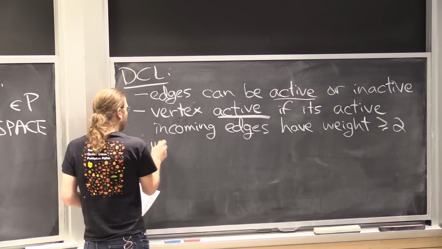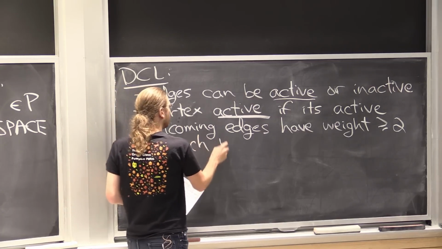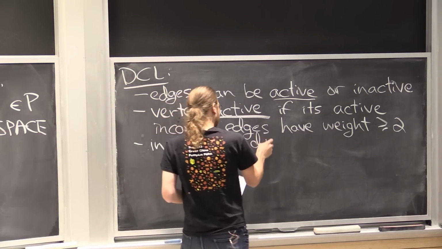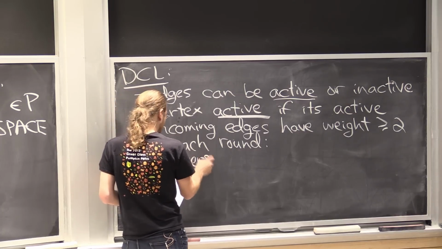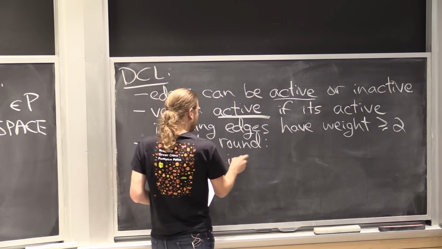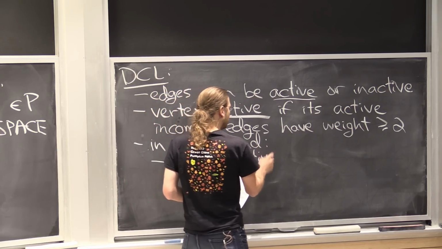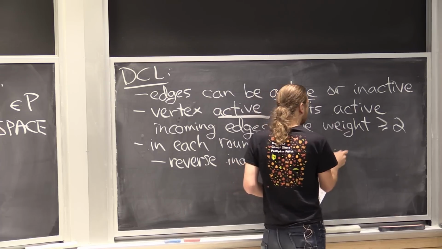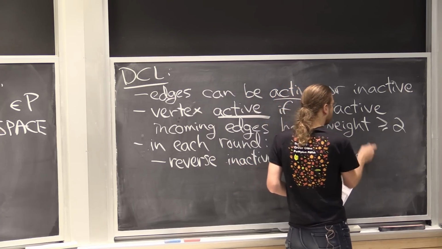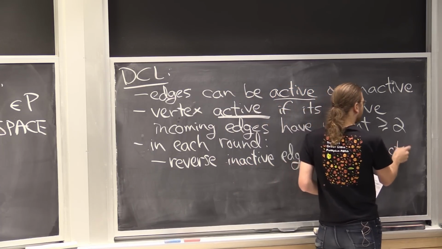And then here's what we're going to do in each round. We are going to reverse inactive edges pointing to active vertices.